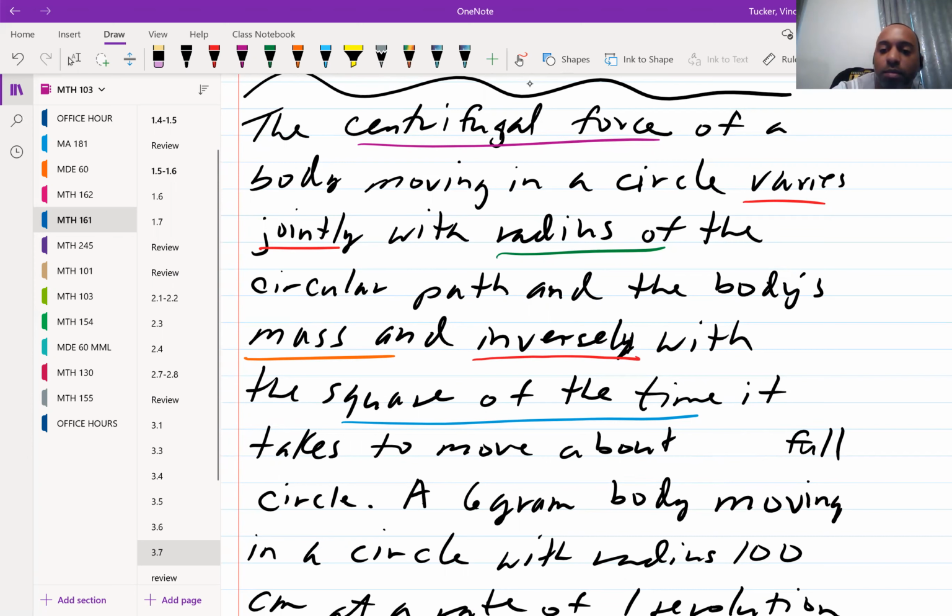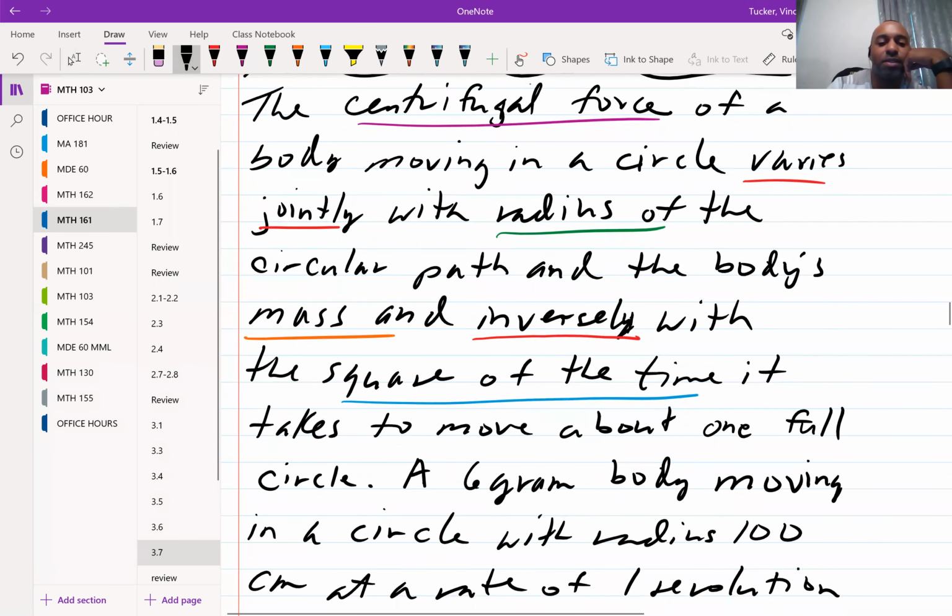I will say rotation, but circle. A 6 gram body moving in a circle with radius 100 centimeters at the rate of 1 revolution. I'll pause right here, give you guys a chance to write.